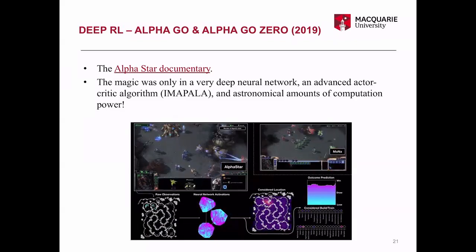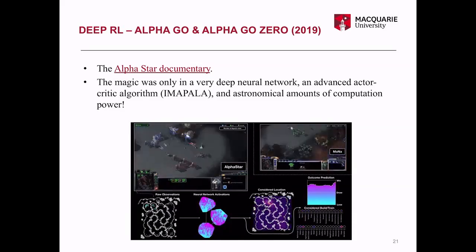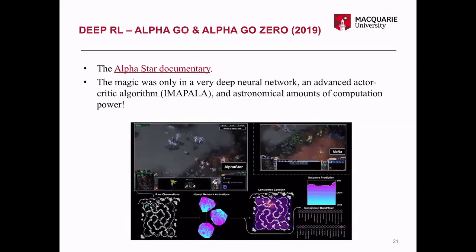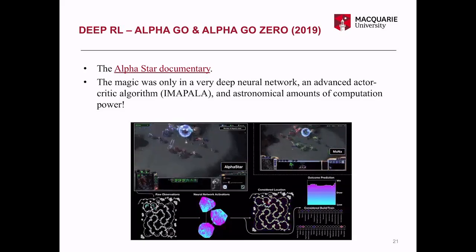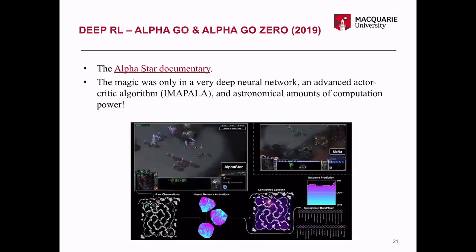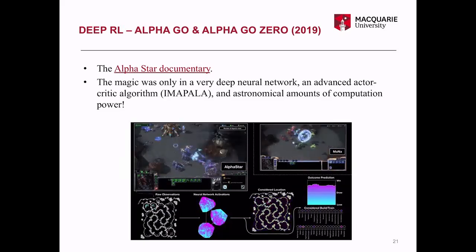I mean, there are people in the game community who are familiar with AlphaStar and the game itself. But other than that, people are not interested in this game much, and that's why it didn't really make so much buzz compared to AlphaGo.